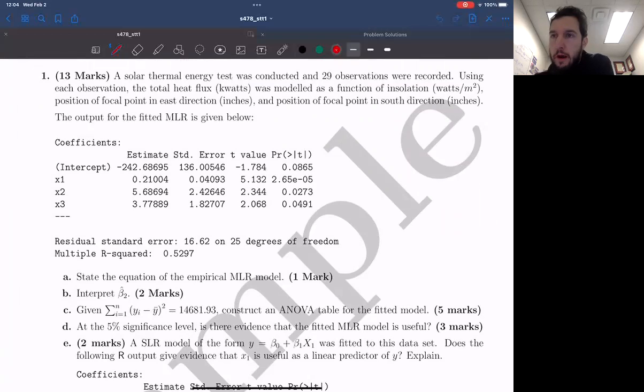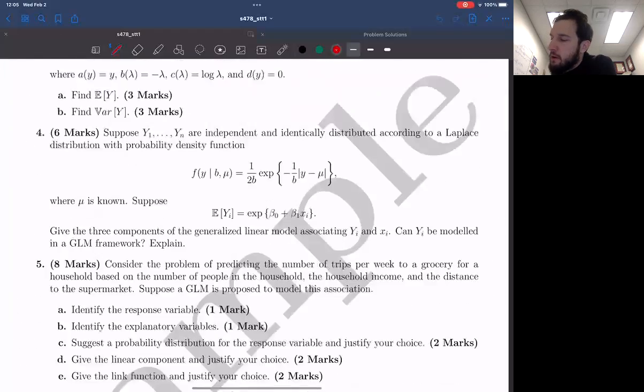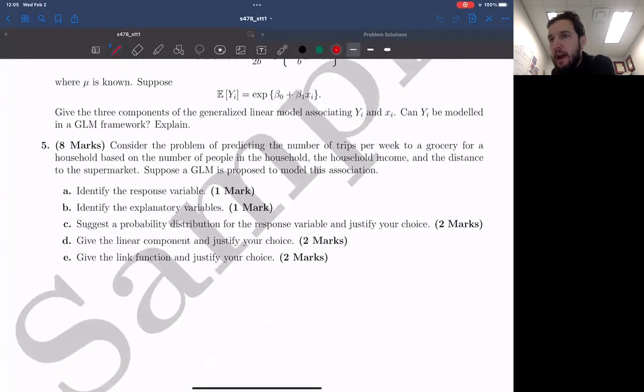This is kind of a throwback question to what we would have studied in Stat 378 and what you would have done on the first assignment. And then the remaining questions are all related to lecture set number 2. So a lot of questions about the exponential family and GLM framework. And the final question is sort of a thought experiment, like how would you structure or formulate a GLM?